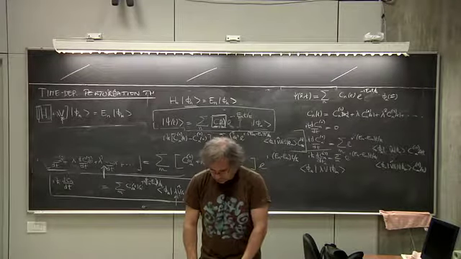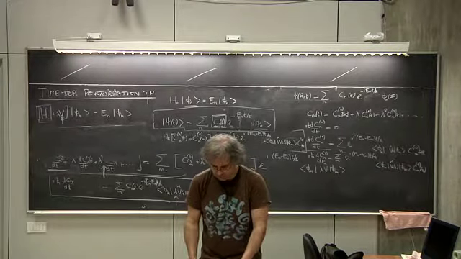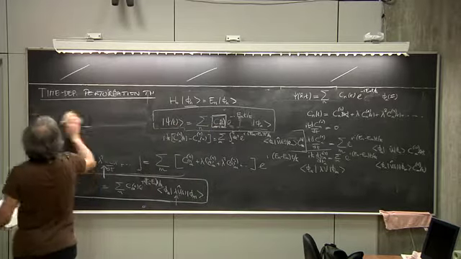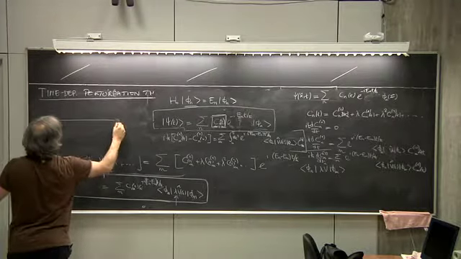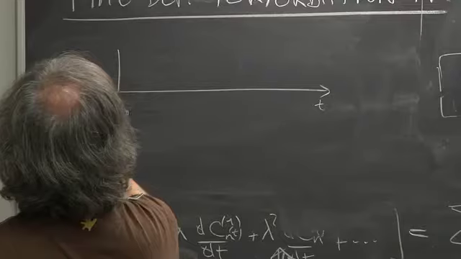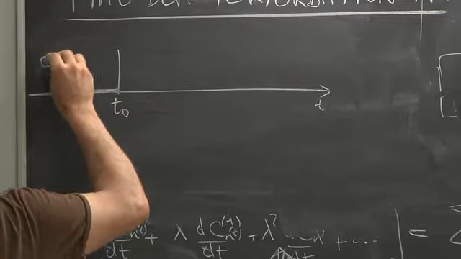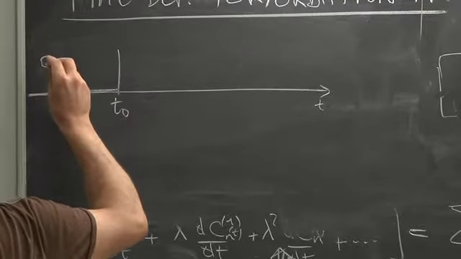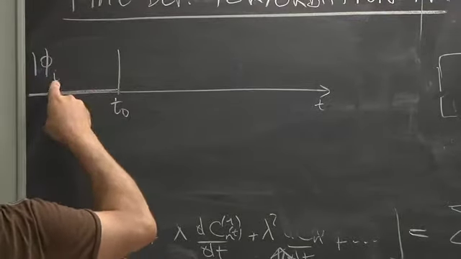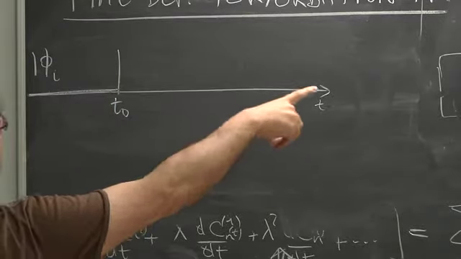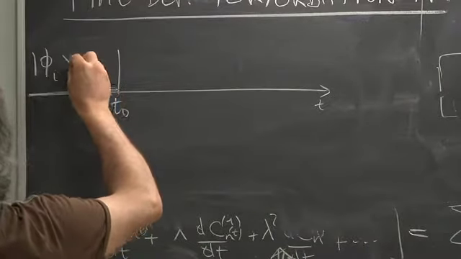Suppose that for all times before a certain t0, I prepare my system such that for all times t before t0, my system is in a state phi i, the initial state, a certain eigenstate of the Hamiltonian. So initially I prepare my system there.